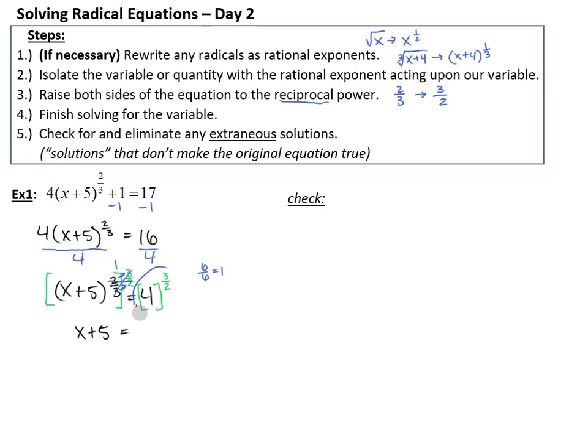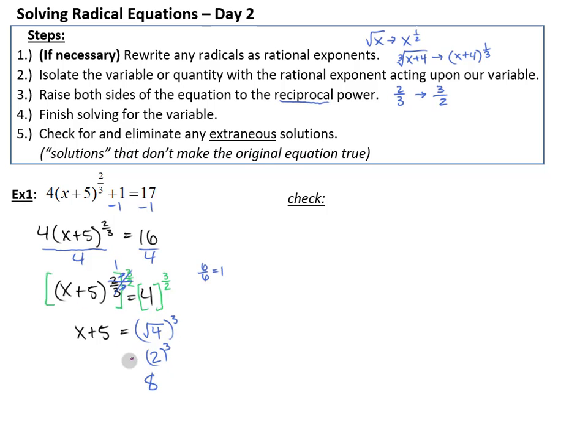However, on this side, we do need to evaluate what is 4 to the 3/2 power. Well, remember, the denominator tells us the root, so this is the square root of 4 raised to the 3rd power. Well, we know what the square root of 4 is. That's 2. And 2 cubed is 8.